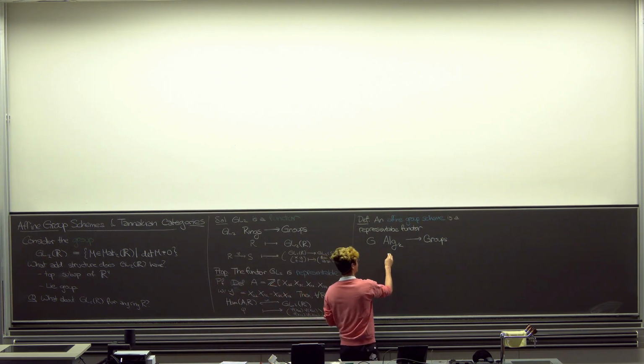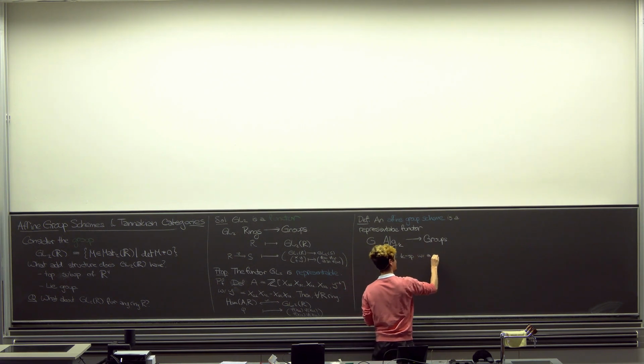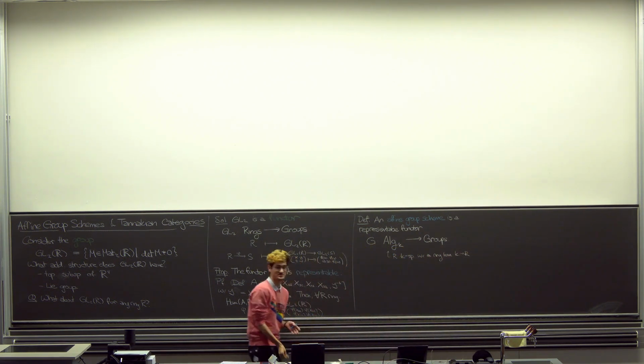One way of saying it is that this is just a ring, or we can say this is a K-vector space with a ring homomorphism from K to R. This also works. This is a K-algebra.